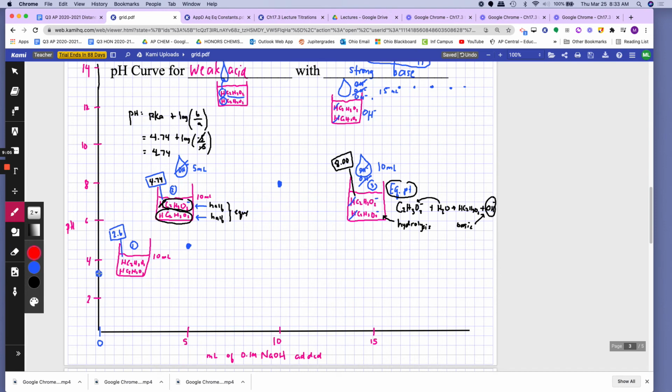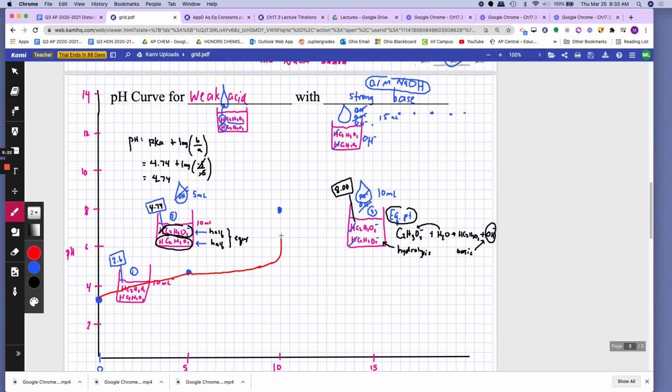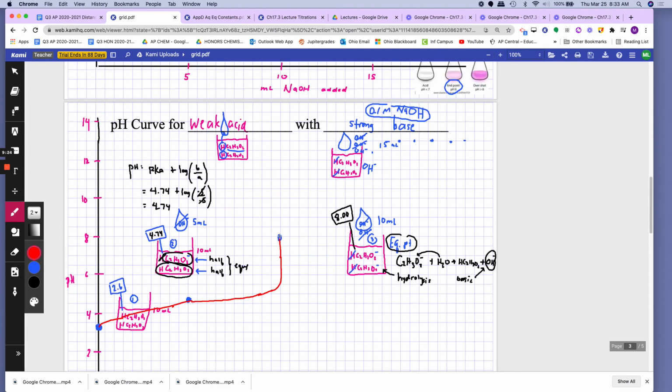Okay, so it's going to be pretty flat over here. It's going to go straight up, until it starts to plateau at pH 15.